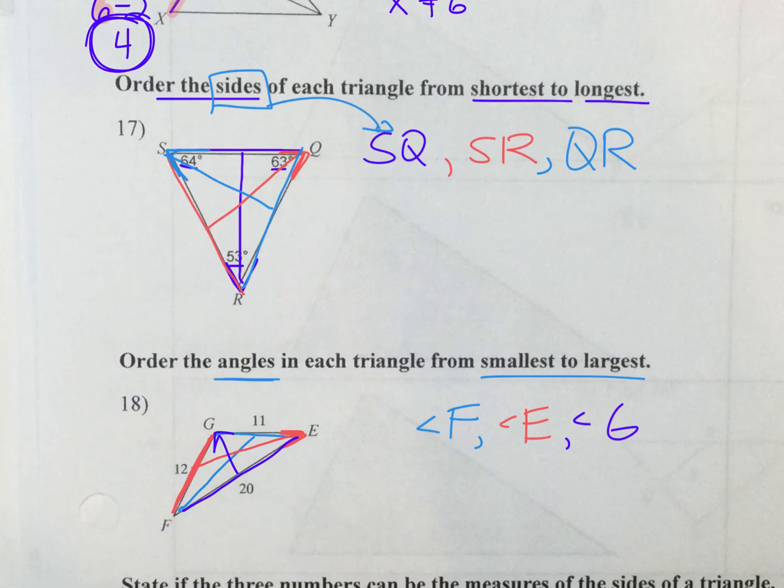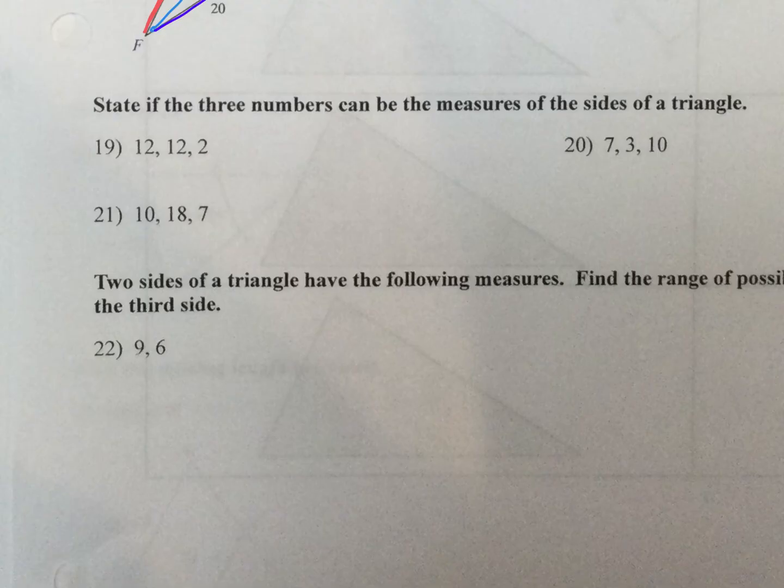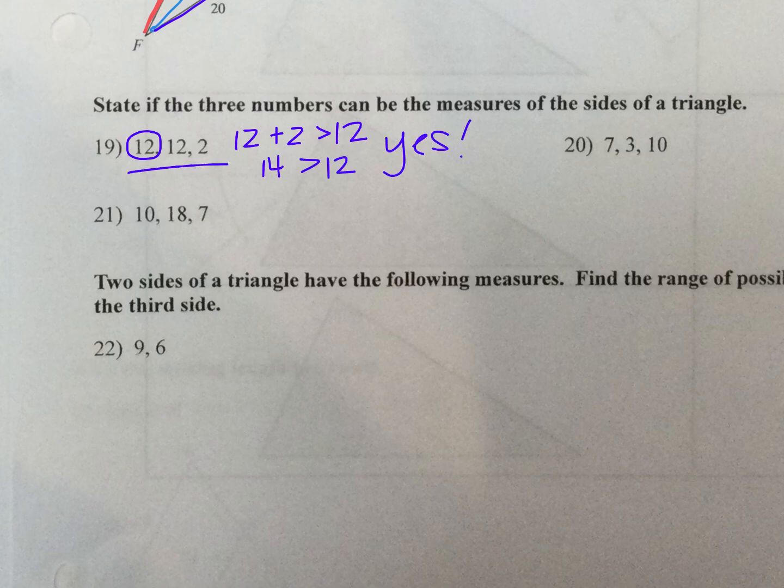In number 19, this is when we say that the two shortest have to add up to be greater than the longest. So this is 12 and 12, so I'm just going to pick one of the 12s. I'm going to say that the two shortest, 12 plus 12, has to be greater than 12. Well, 24 is greater than 12. That is true. So yes, these measurements would make a triangle if I had sticks that long.